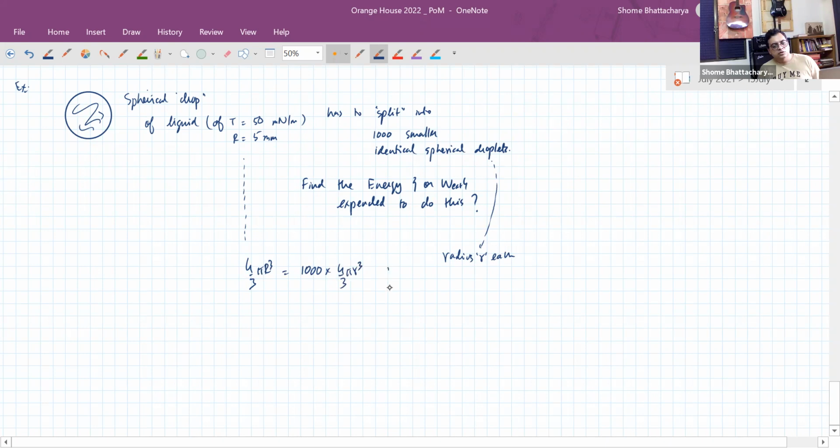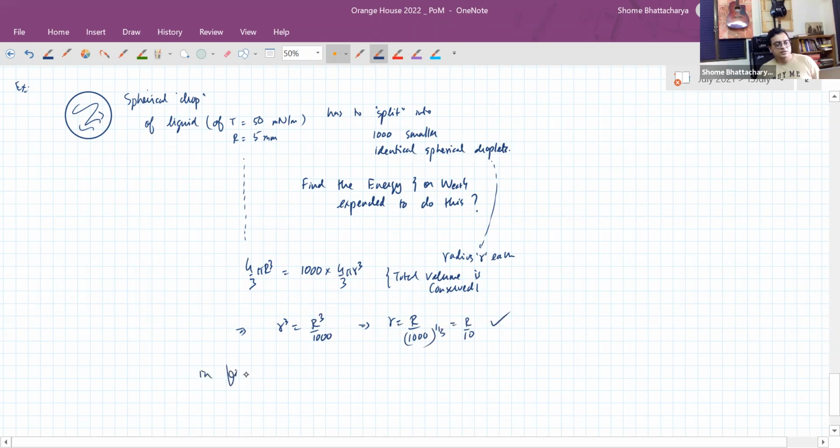Okay, so the total volume remains conserved. From this we get the result that r cube is equal to capital R cube by 1,000, which means that r is equal to R by 10.